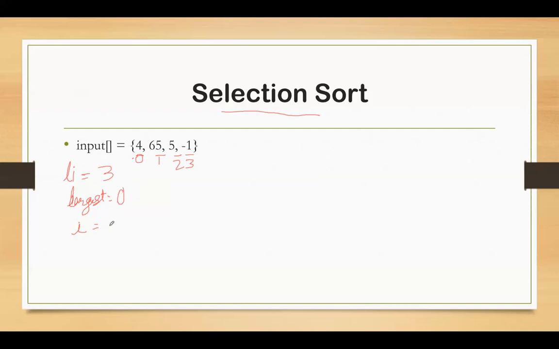And i will be the iterating element. So this will start at 1, because we'll keep on comparing the largest element with the others. In each iteration, our intention will be to find the largest element in the unsorted partition. As of now, everything in this array is in the unsorted partition.